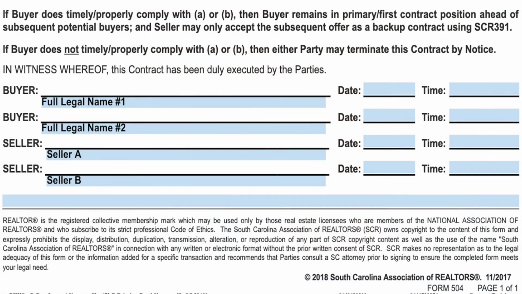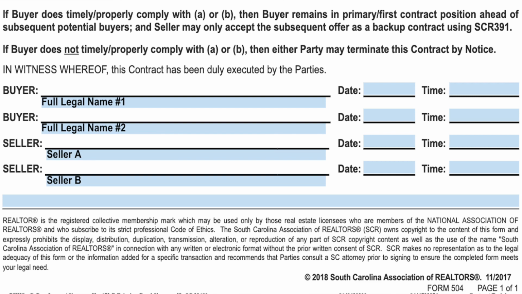They need to deliver notice that the property is under contract with no contingencies other than financing or repairs, or completely remove the sale contingency if the buyer can purchase the property without having to sell their property first. Underneath that, in bold letters, if buyer does timely properly comply with A or B, then buyer remains in the primary first contract position ahead of the subsequent potential buyers that are in the backup position.